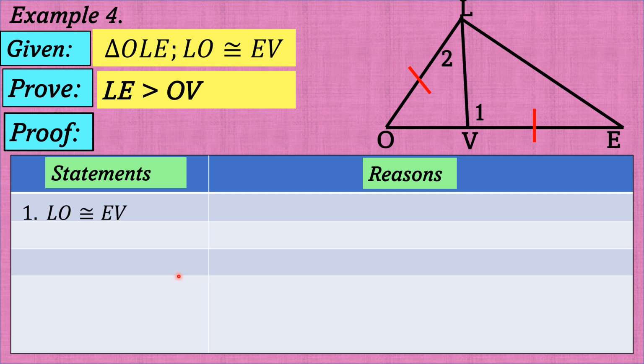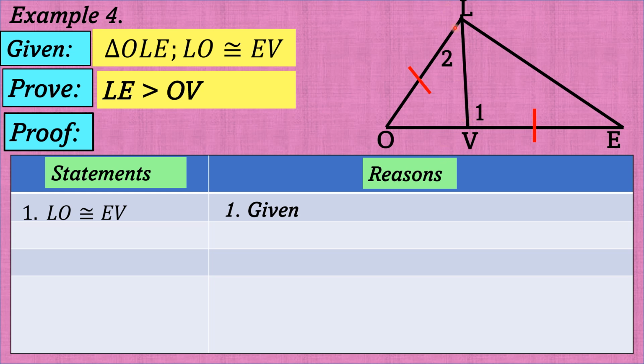So, our first statement will be side LO is congruent to side EV. And the reason is given. It is already given. So, for our statement number 2, observe that the two triangles here, triangle OLV and triangle LVE, share a common side, which is side LV.